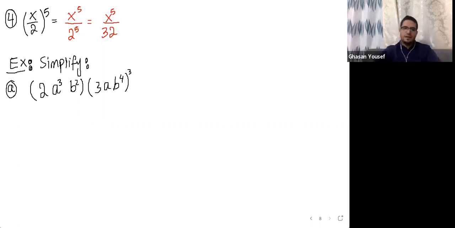For simplifying, we have to combine the numbers together and the same letters to each other.